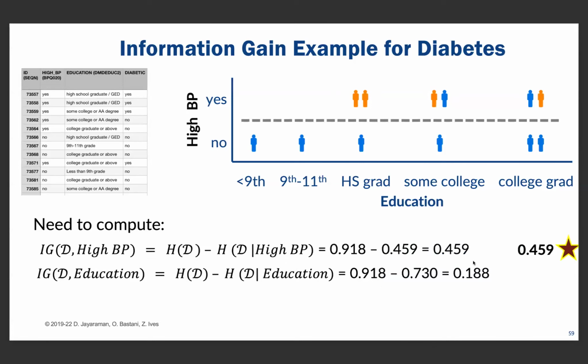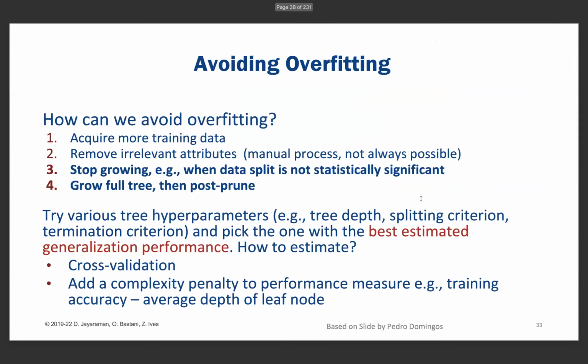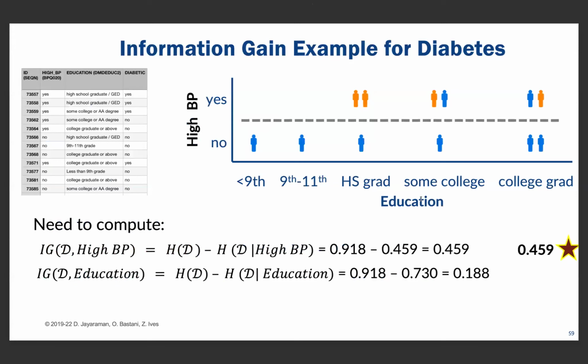What we get is that the information gain in the high blood pressure case is larger. So it's logical to first apply this cut, and maybe on the next stage we can do education. This is the basic idea of how you build the trees.